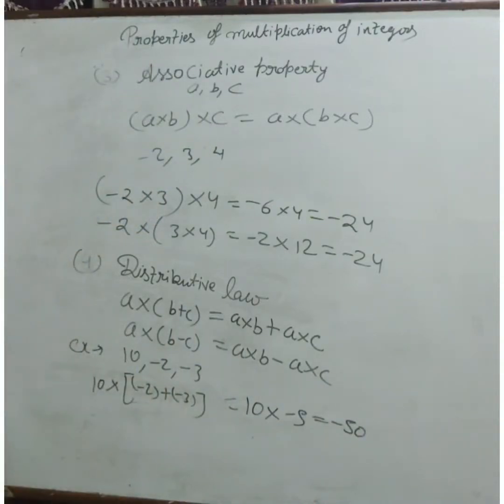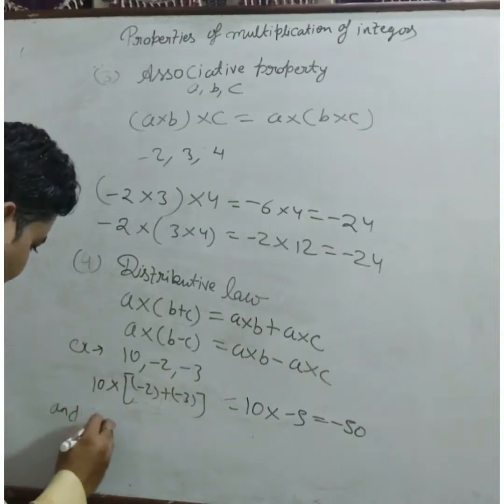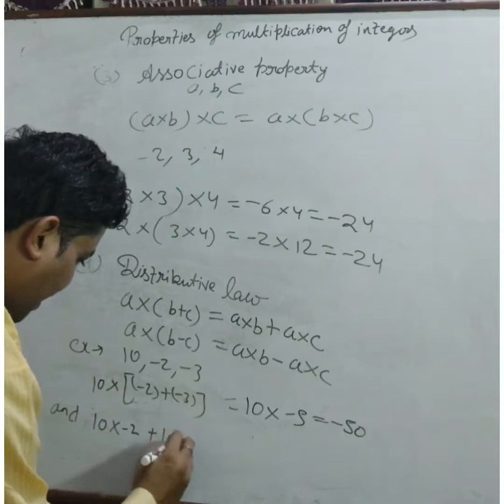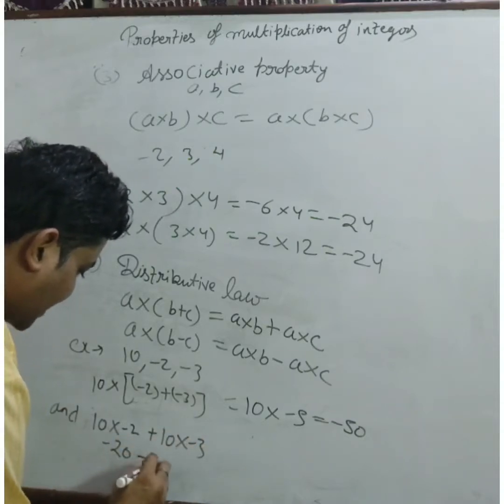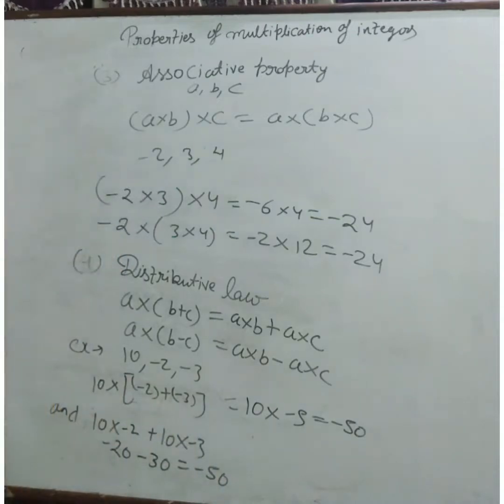And 10 multiply -2 plus 10 multiply -3 is -20 and -30, which is equal to -50. That is called the distributive law.